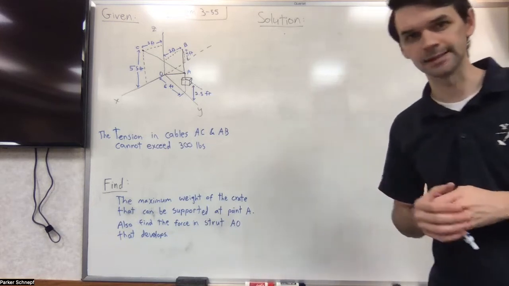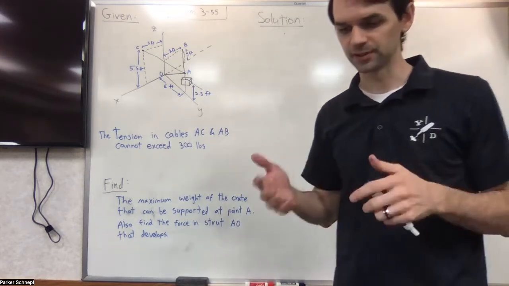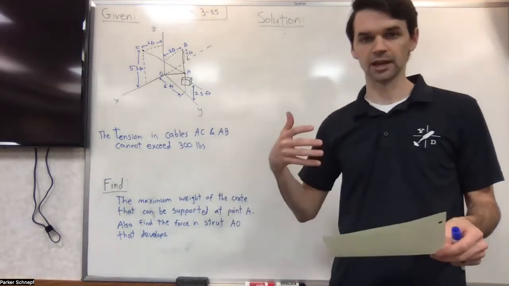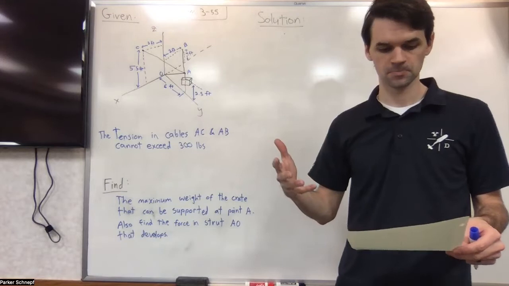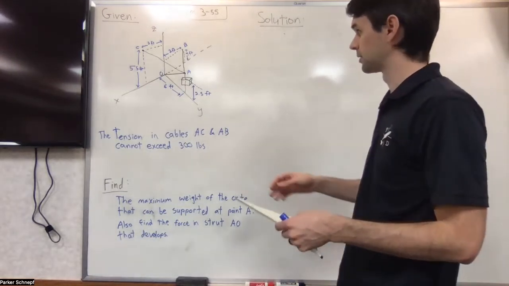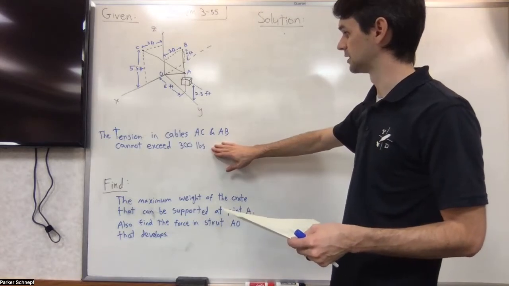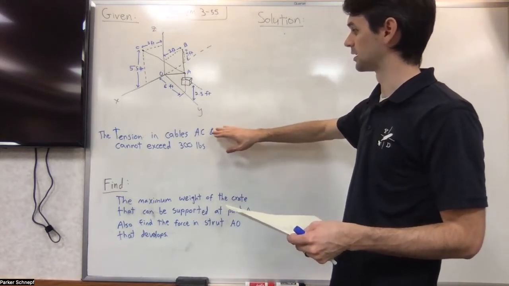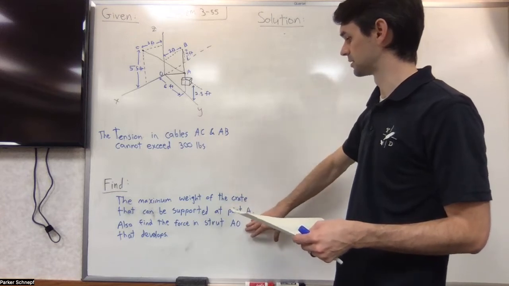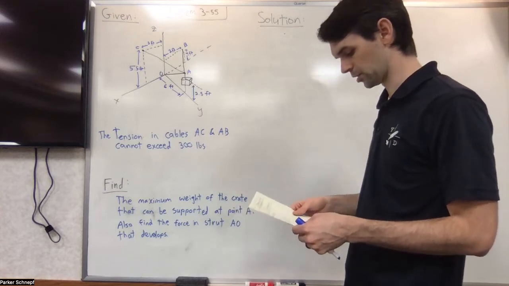It can be a little tricky, and this gives us an example to talk through how we can solve this. So we're just trying to find the tensions that develop and the force in strut AO.